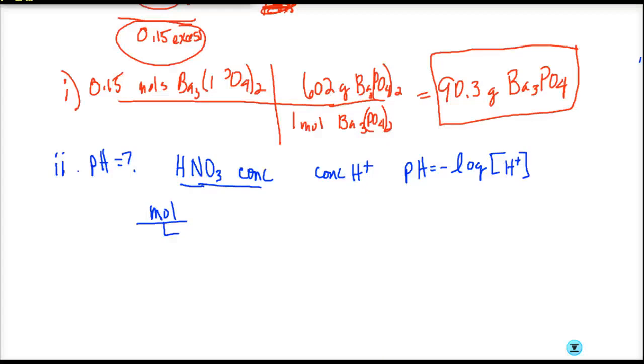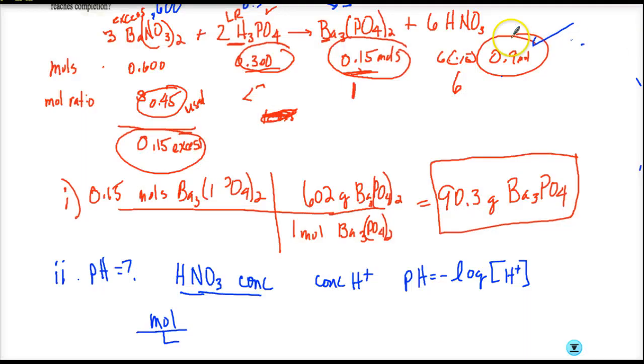And we figured out that we have 0.9 moles of the nitric acid, HNO3, in 2 liters of solution.